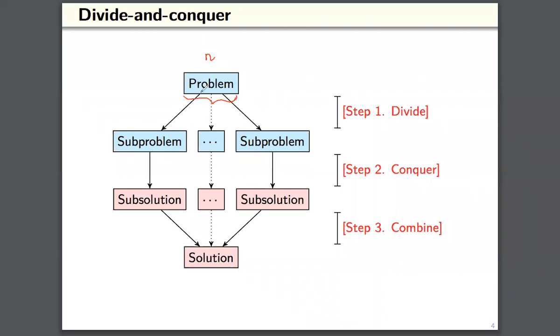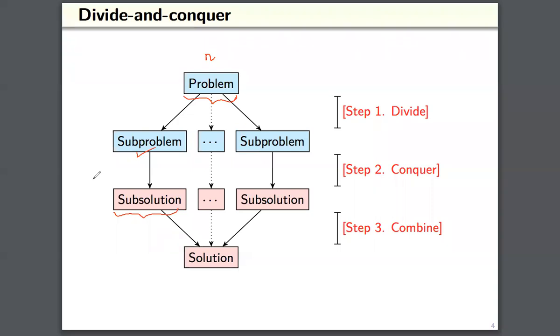Now you divide this problem into many subproblems and you recursively solve them. How do you solve a subproblem? Again, divide it into multiple subproblems and solve them, and so on until you hit the base case.